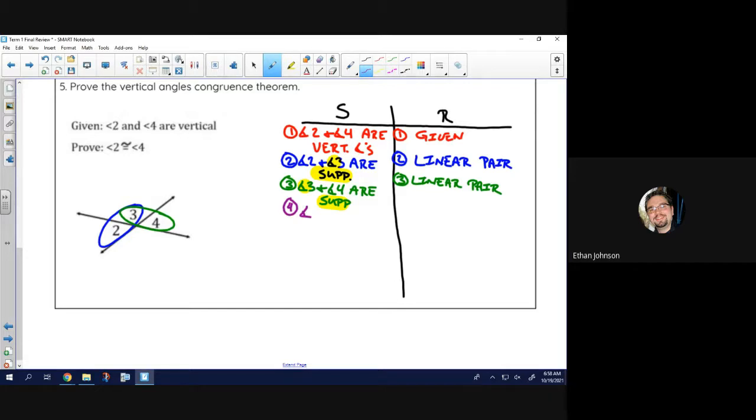So we can say angle 2 is congruent to angle 3, to angle 4, because of the congruent supplements theorem. And that is what we're trying to show. Both of those are congruent.